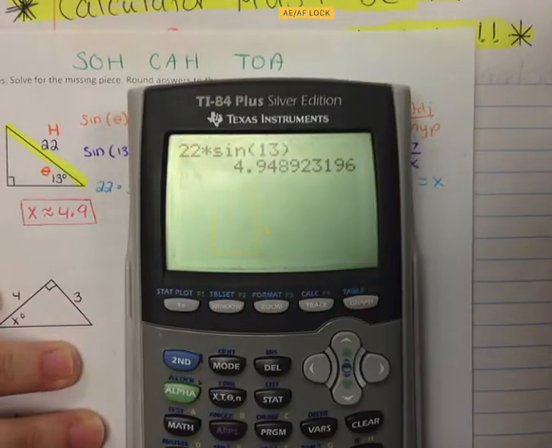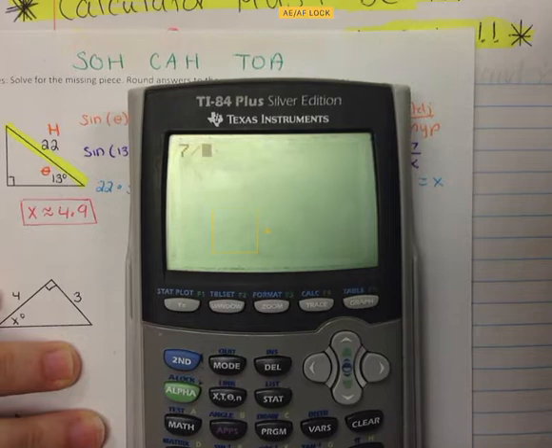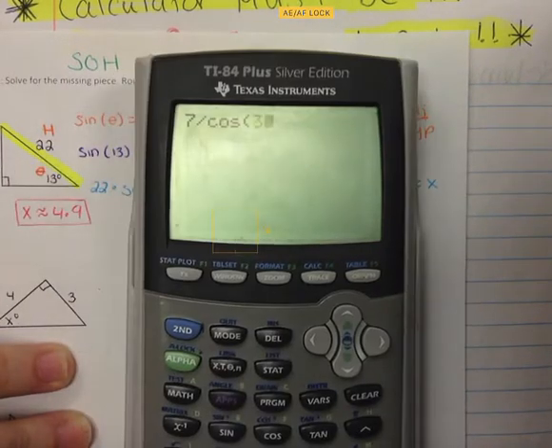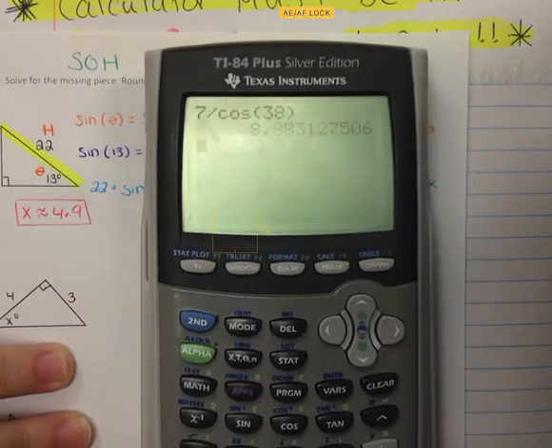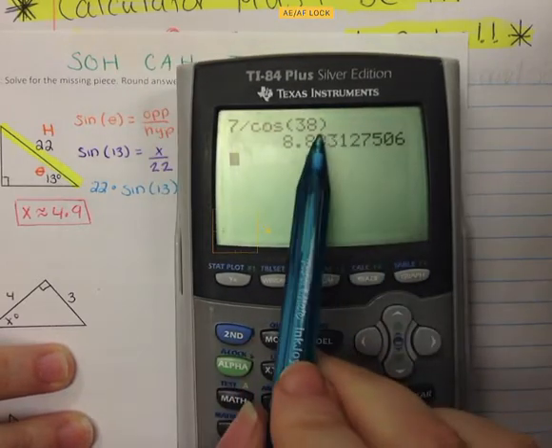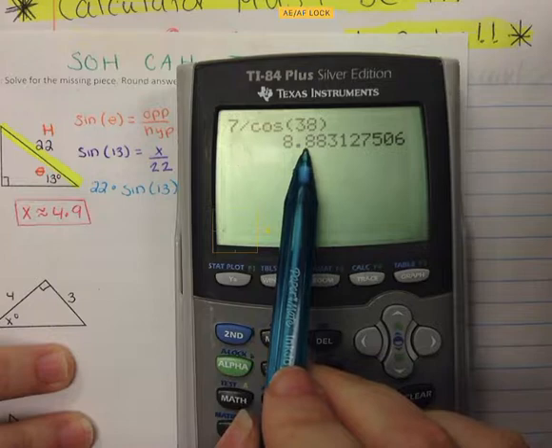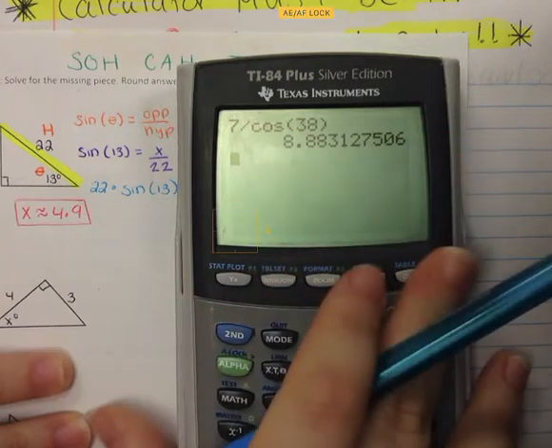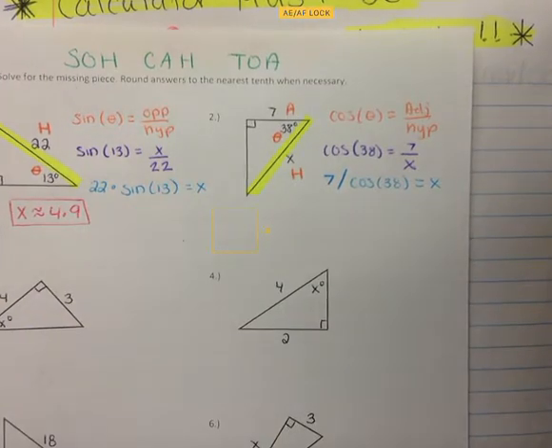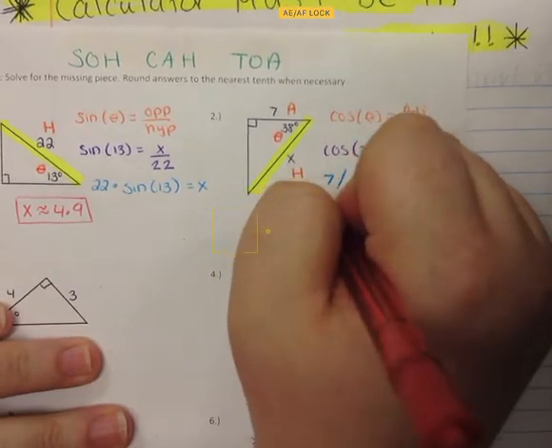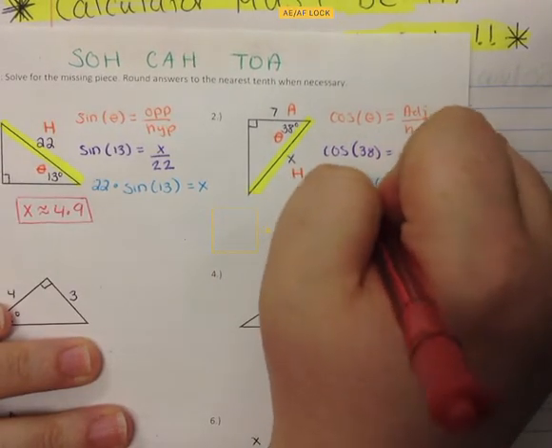So we have our 7 divided by that cosine of 38. Close your parentheses, enter. When we get to the nearest tenth, that 8 makes that 8 go up to a 9, so that's 8 9/10. So x is approximately 8 9/10.